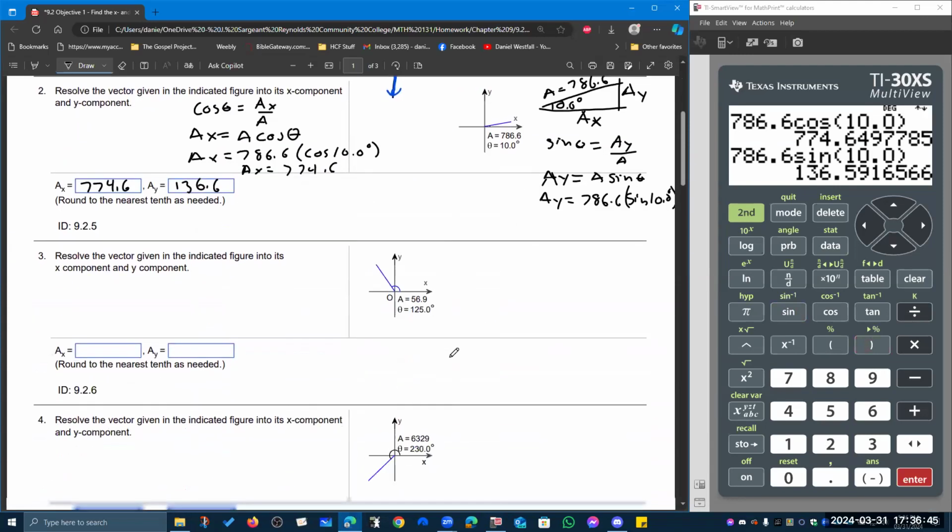Let's go ahead now and resolve the vector that's here. I'm just going to jump to a sub x equals 56.9 cosine of 125.0 degrees.